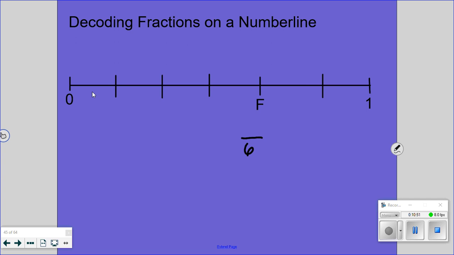How do we figure out the numerator part? Turn to someone at your table and tell them how they would figure out the numerator part.